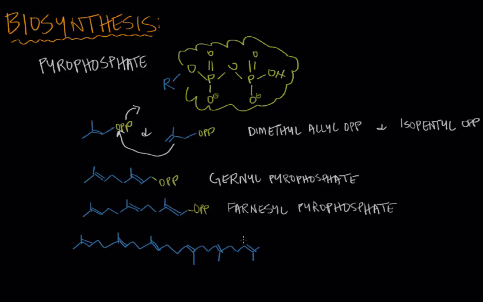Okay, I just wanted to make sure that I actually got 30 carbons in there, and I think I did, and that is squalene. It was important for me to get to squalene because this is the molecule that forms the base of all of the steroid hormones that our body makes.